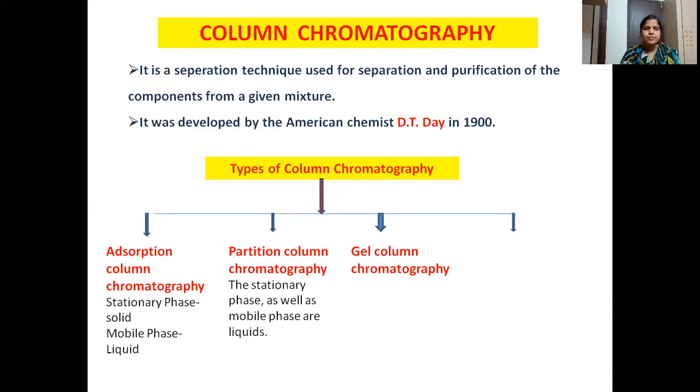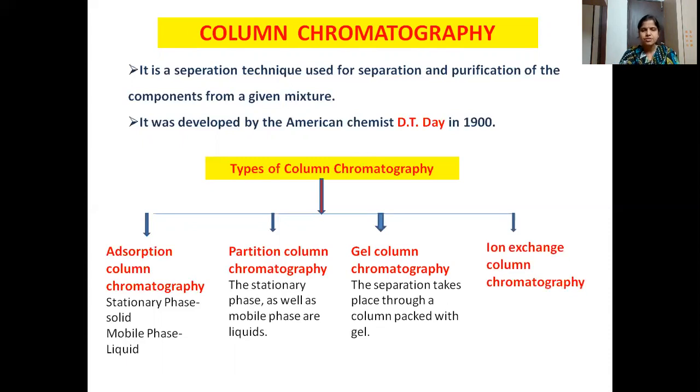The next type is gel column chromatography. The name itself gives the information that the column is filled with gel. So gel will act as a stationary phase where the separation can take place. The last one is ion exchange column chromatography. Again, in this case, the column is filled with ion exchange resins.